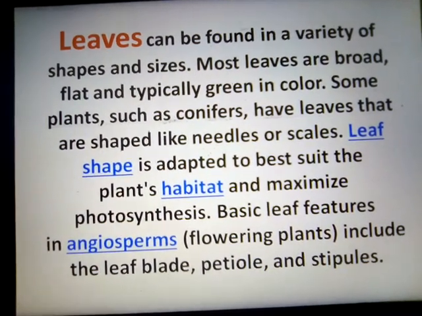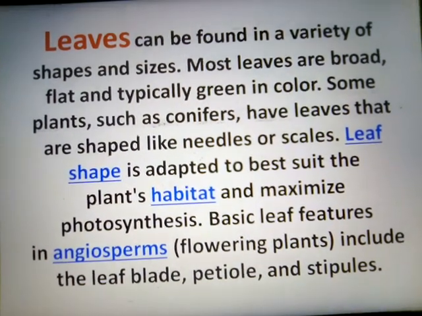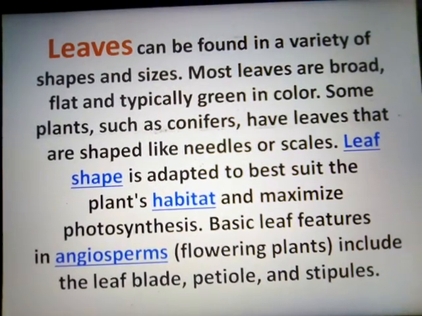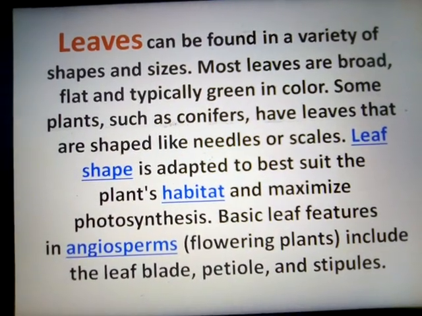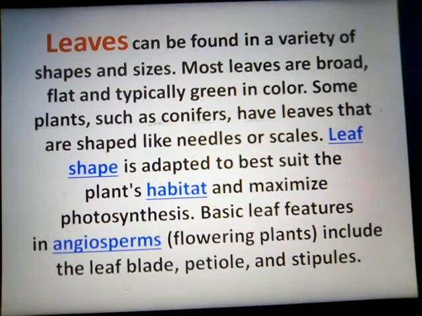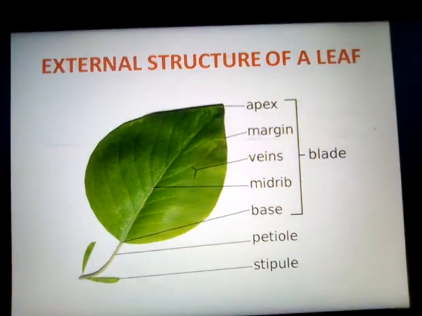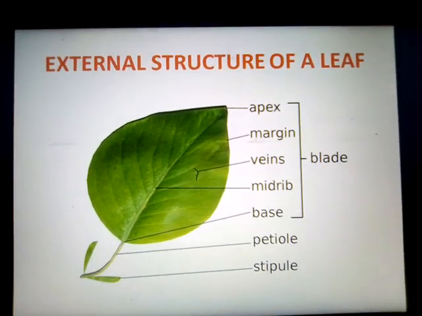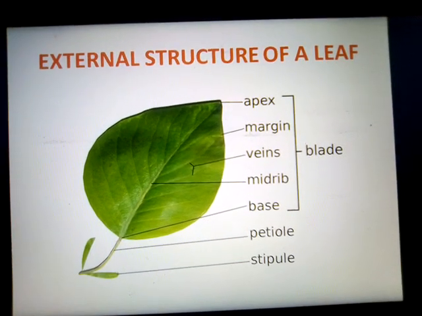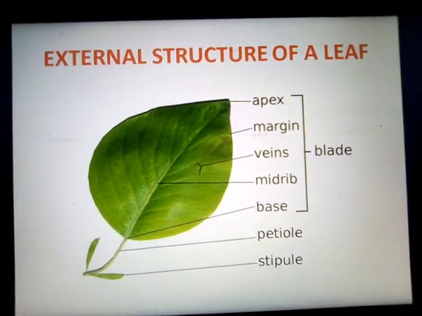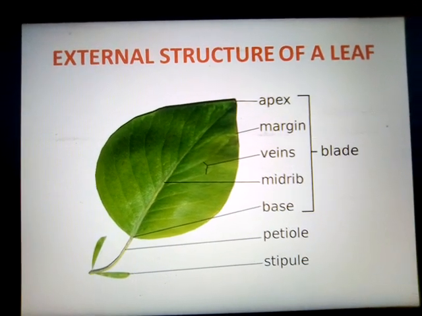Basic leaf features in angiosperms (in brackets, flowering plants) include the leaf blade, petiole, and stipules. External structure of a leaf. Draw the following structure into your notebook and name the parts.